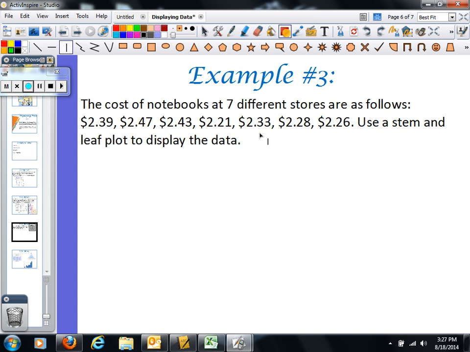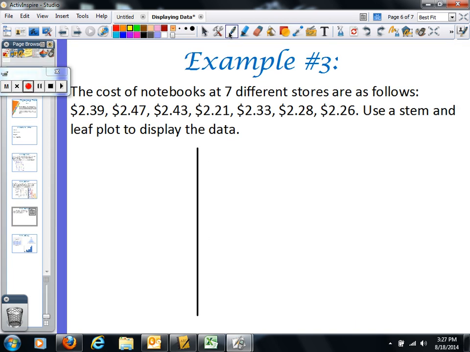So for our stem and leaf plot, I need to separate it. For the first part, I'm going to put 2, because it's what it has in common. And then I noticed that these can all be broken up. So we have a 3 here, 3 here, and then I have a 4, a 4, and then I have a 2, a 2, and a 2.